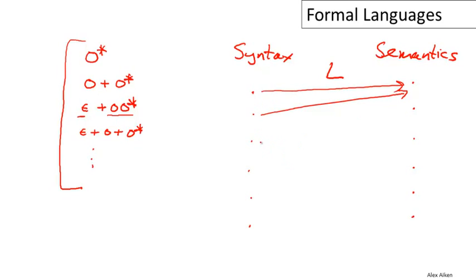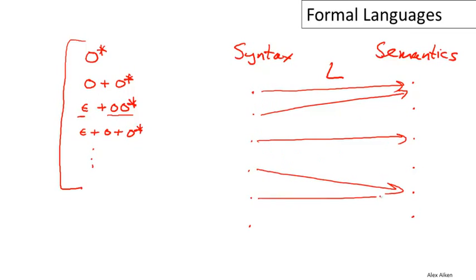So there are points in this space where many different expressions or pieces of syntax map to the same meaning. And this is just a general characteristic of interesting formal languages. And this is actually extremely important in compilers because this is the basis of optimization.